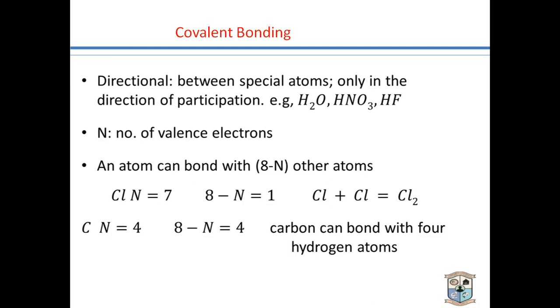So an atom can bond with 8 other atoms. For example, here chlorine has an N of 7, isn't it? The number of electrons in its outermost shell is 7. So meaning it can bond with 1 more.